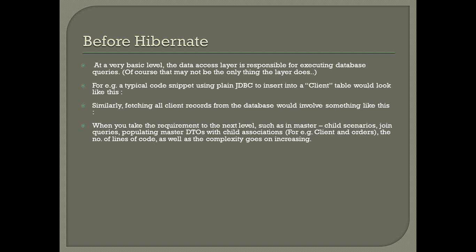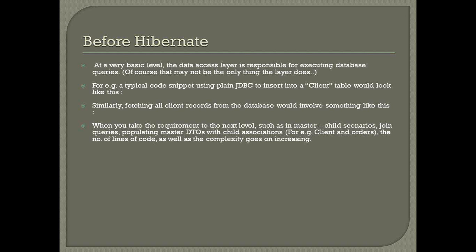Now these two examples which we took were very, very basic. Inserting, you were just inserting into one table, just 3 or 4 columns in that table. Even while fetching, we're just fetching from a single table. But in a practical application, it wouldn't be that simple. You would have complexities where you had to insert a master-child relationship, where you have a client table and a client details table, for example, or an order and an order items table.